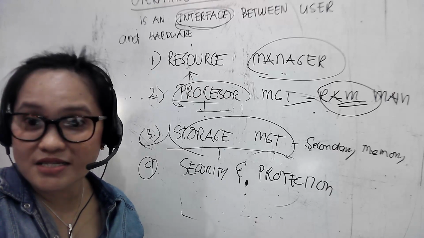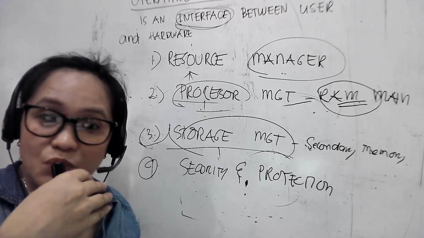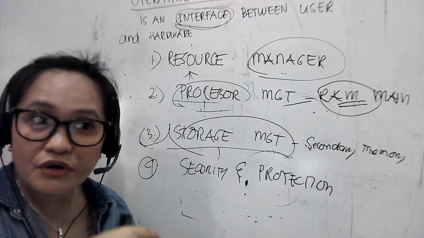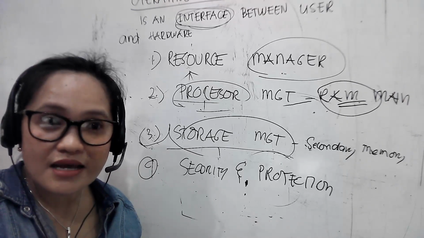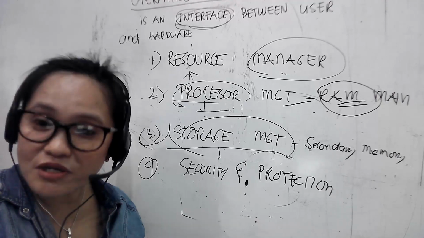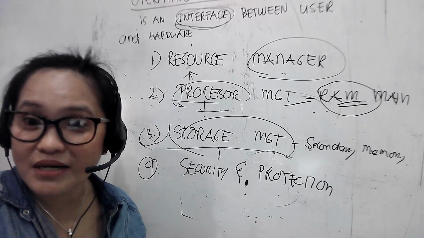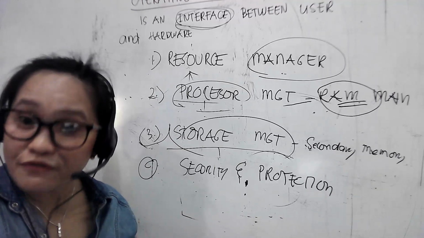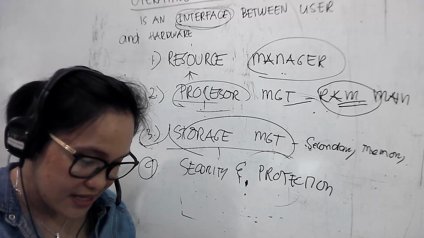If it doesn't match, it will signal or perform a certain task telling you that you entered the wrong password. The one who performs that task is the operating system.